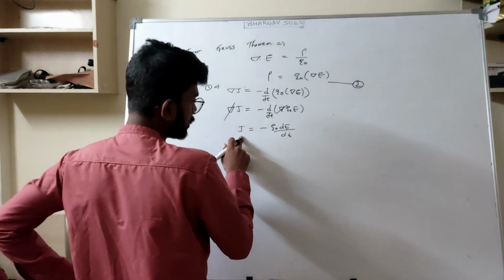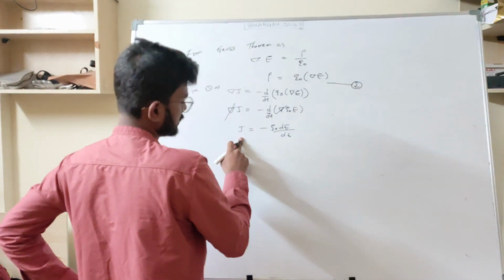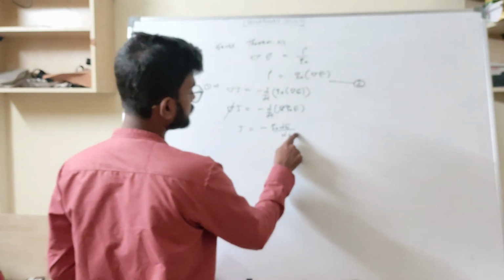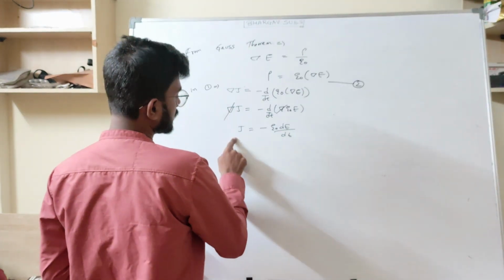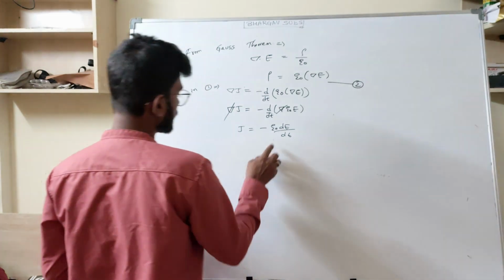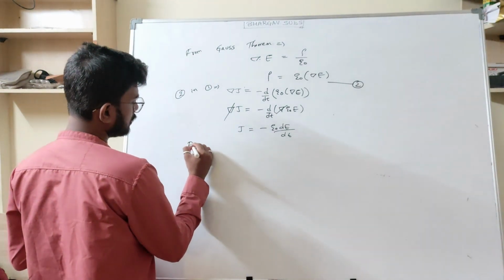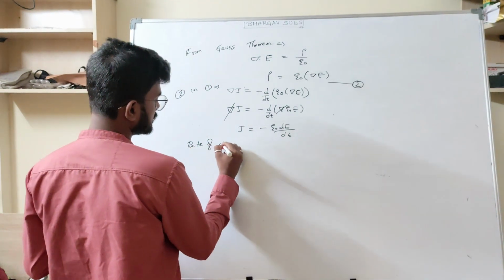This is also known as displacement current density, because the rate of change of electric field gives the current, which is known as displacement current density.